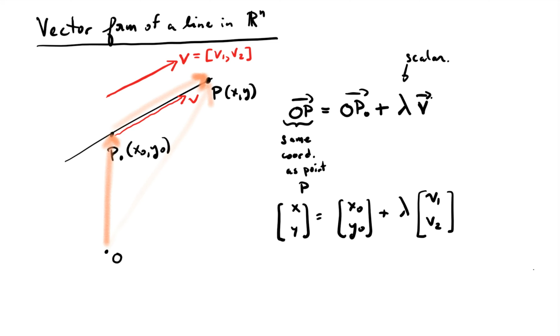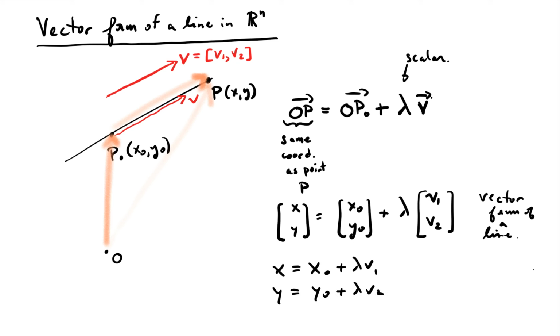That's called the vector form of a line, just like that. Of course, I could also write it like this: just look at the x coordinates and the y coordinates, and I'll get this.